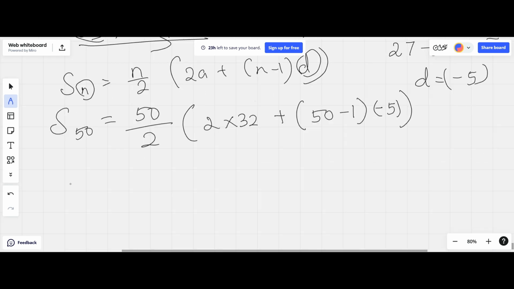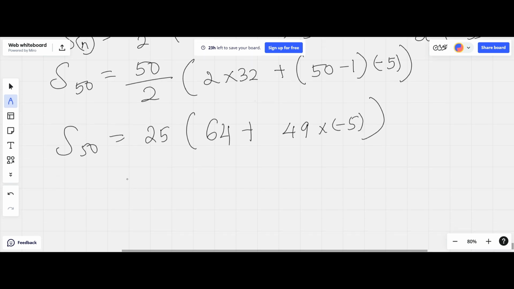Okay. So S50, the sum of the first 50 terms, is 50 divided by 2, which is 25, into 2 into 32, which is 64, plus 50 minus 1, which is 49, into minus 5. So it would be 25 into (64 plus 49 into minus 5).